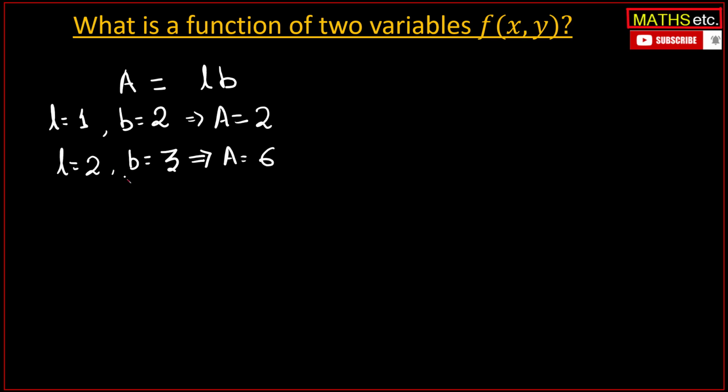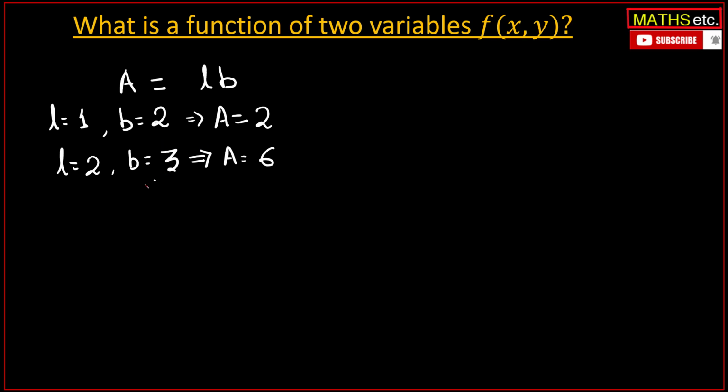So there are two things to consider here. Firstly, length and breadth take values independently. What value we are taking for L is independent of what value we are taking for the breadth, and vice versa. And secondly, the area depends upon length and breadth.